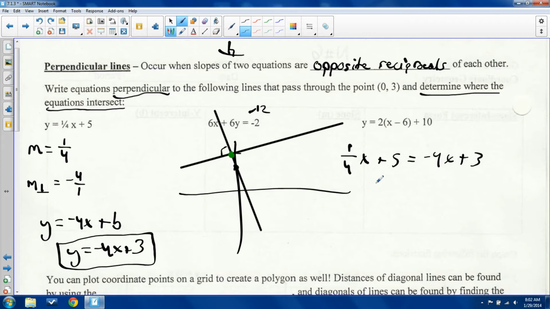Subtract 3 from both sides, you get 2 over here. Subtract 1/4 x from -4x. This is -16 over 4 minus 1/4, so that's -17 over 4 x. Divide both sides by -17 over 4. That's multiplying both sides by -4 over 17. Right?